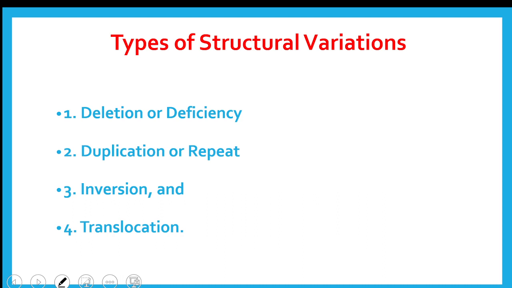Whereas in euploidy, there is a mechanism called polyploidy, which brings about a change in the number of sets of chromosomes that is significant in evolution.